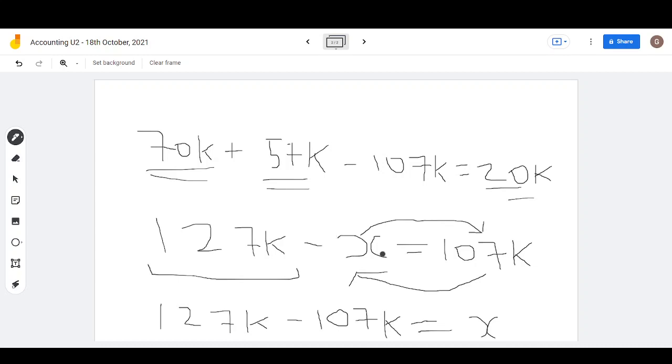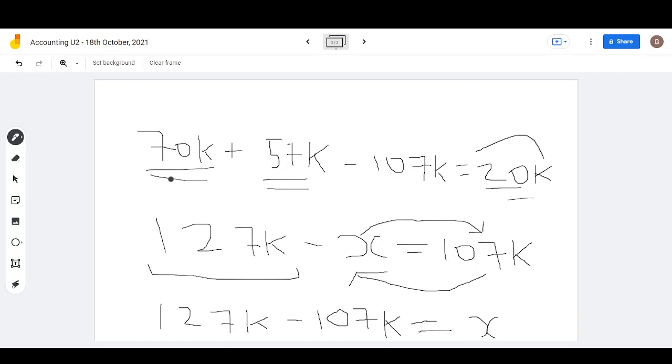And I said subtract x, which stands for the finished goods carry forward, would give us our 107,000 as our cost of goods sold. So I transposed, carried over the x, carried over the 107,000 to give us the bottom line here. When we subtract one from the other, we can solve for x. That would be 20,000 as I have right here.